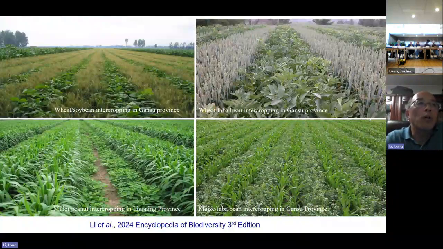There are also different kinds of legumes and cereals intercropping, such as wheat soybean intercropping in Gansu province, wheat faba bean intercropping also in Gansu province, millet peanut intercropping in Liaoning province, and maize faba bean intercropping in Gansu province. That system has been studied well in our previous studies over past decades.